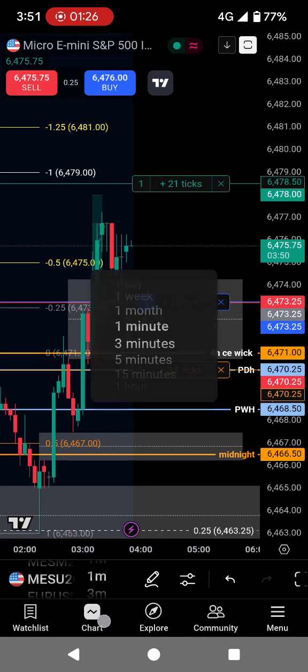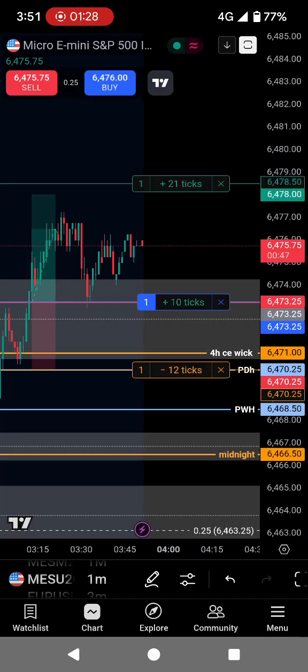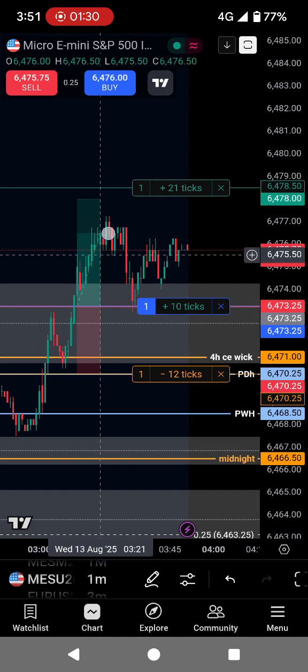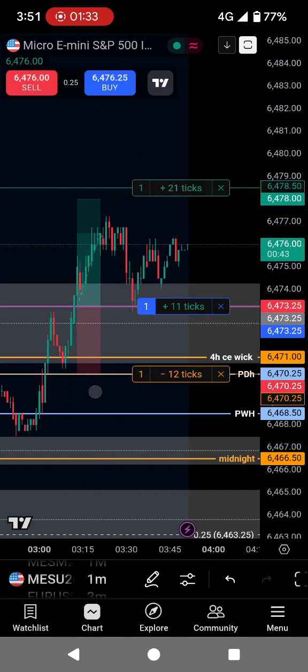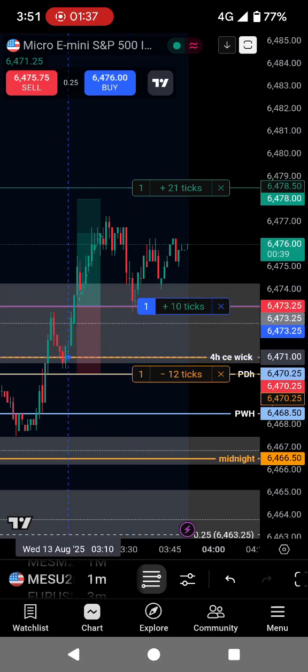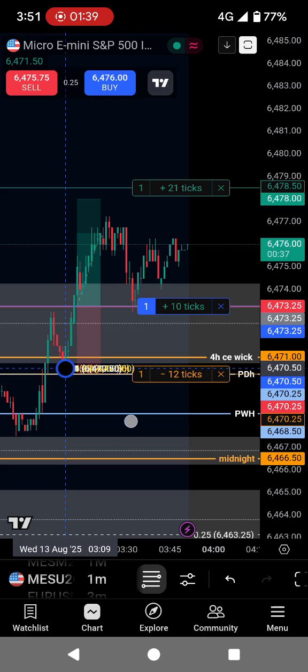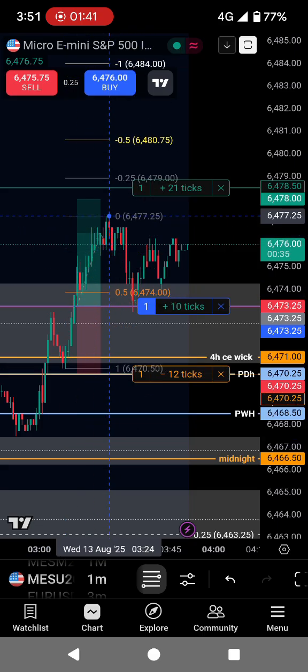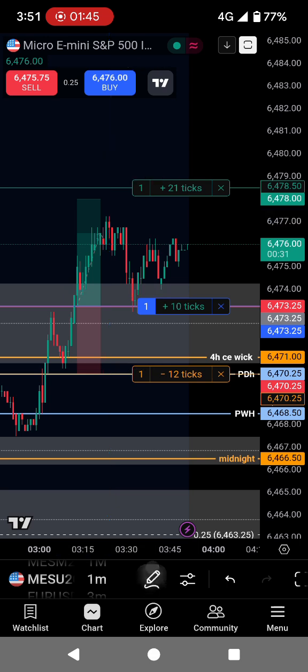Always being really patient and only waiting for the entry that I want to enter at. Okay, so from this price leg, this is the discount. You can see this fair value gap that I entered is in the discount of this 1 minute dealing range.